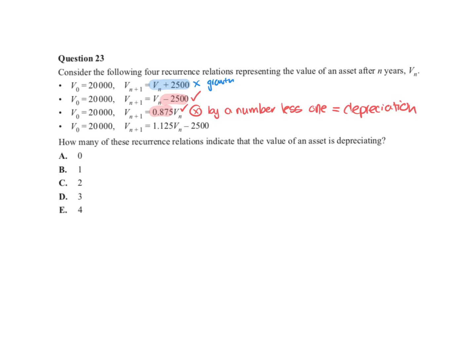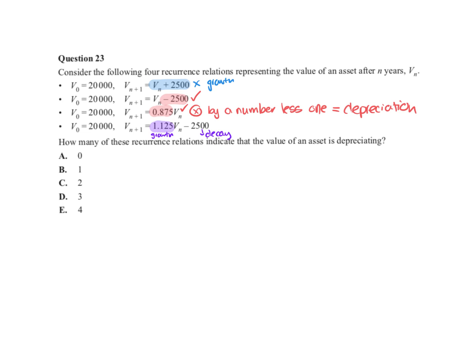Now, the last one, we need to be a little bit careful. This first part indicates growth, doesn't it? If you times by something more than 1, it's going to grow. But this part is decay. What you need to check is whether the growth is going to be more than the decay, because if it is, it means it's growing. If the decay, the minusing, is more than the growth, then it's going to keep going smaller but at a slower rate.